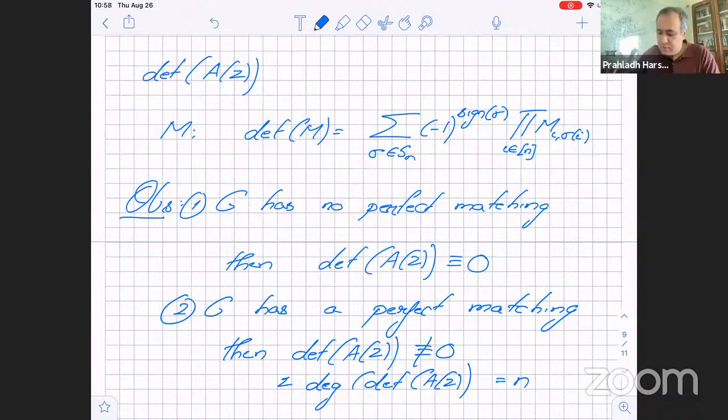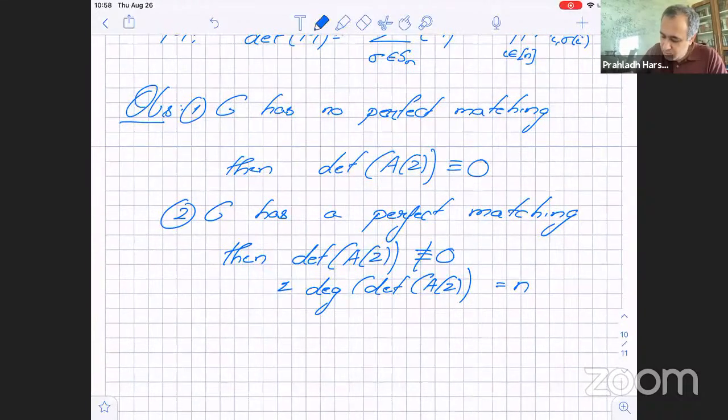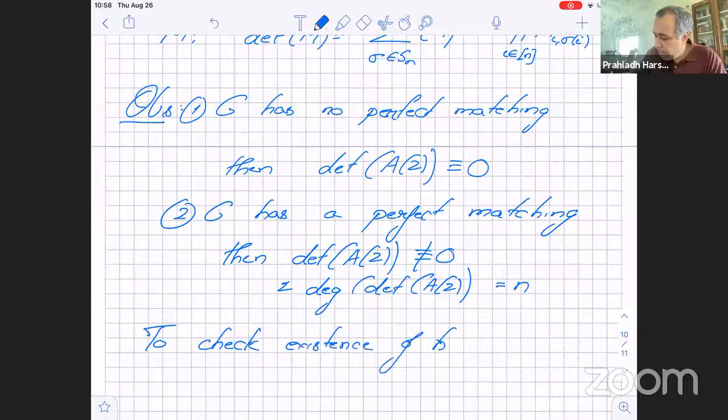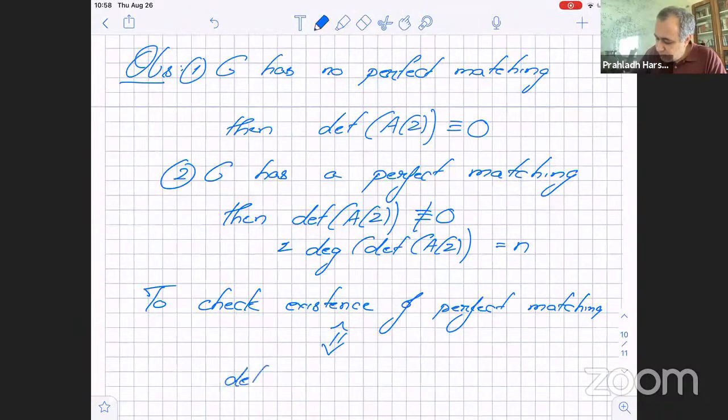So this just tells you, to check existence of a perfect matching, this is equivalent to det AZ not being 0. And we have a very simple randomized algorithm.